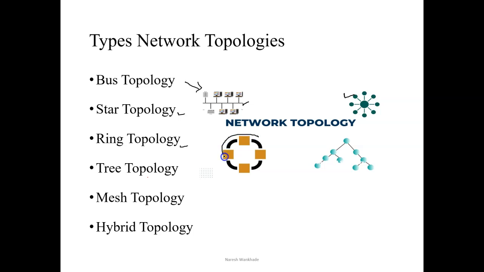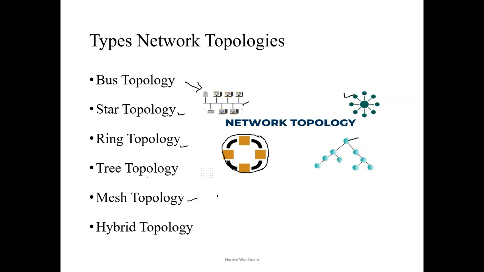Third one is the ring topology, means flow of token is there in a circular order. Fourth one is the tree topology. Tree-like pattern is there. This one is the root node, and remaining nodes are actually subnodes having different branches. Fifth is mesh topology.